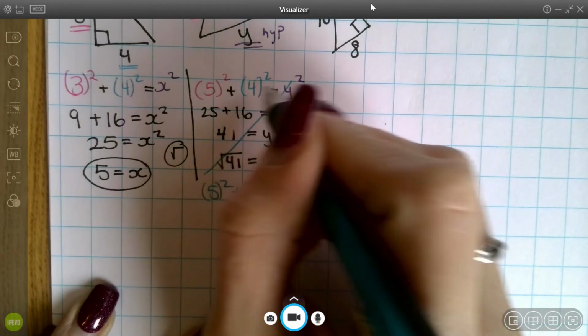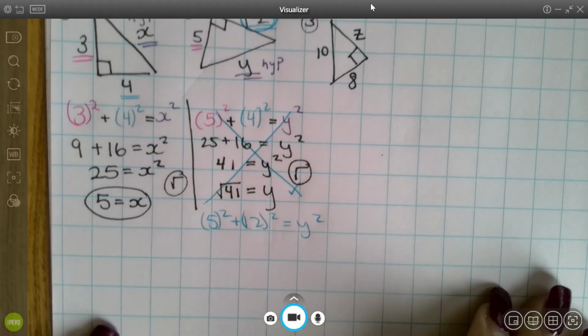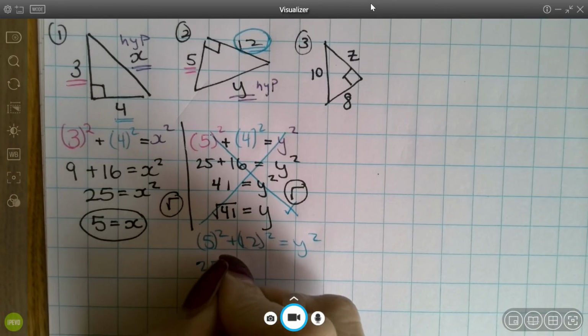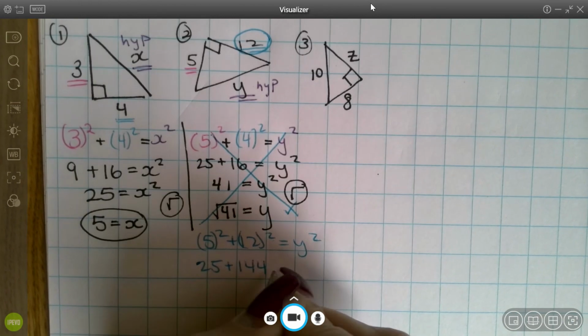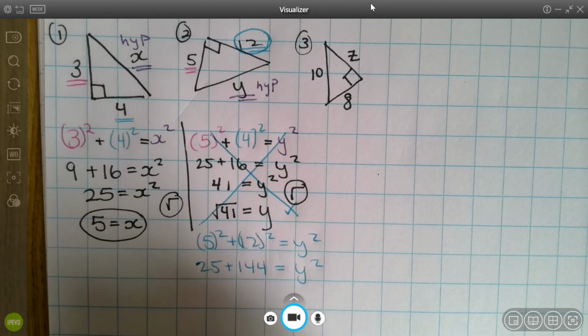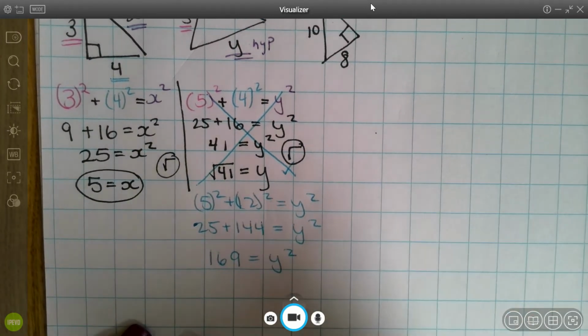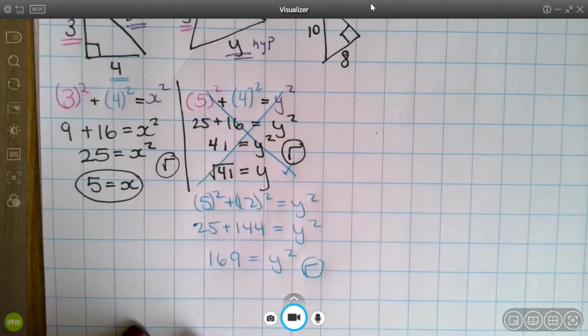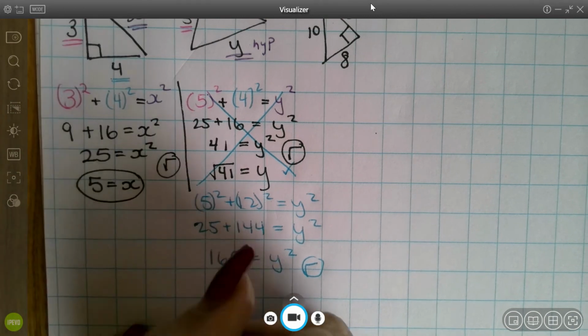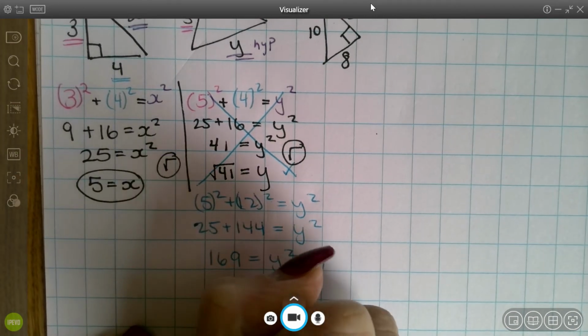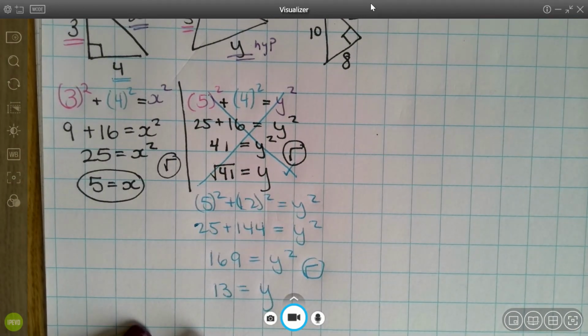However, that's not the triangle that we had. So 25 plus 144 is y squared. 169 is y squared. We square root because it's the inverse to get the hypotenuse on its own. And 13 is our y value.